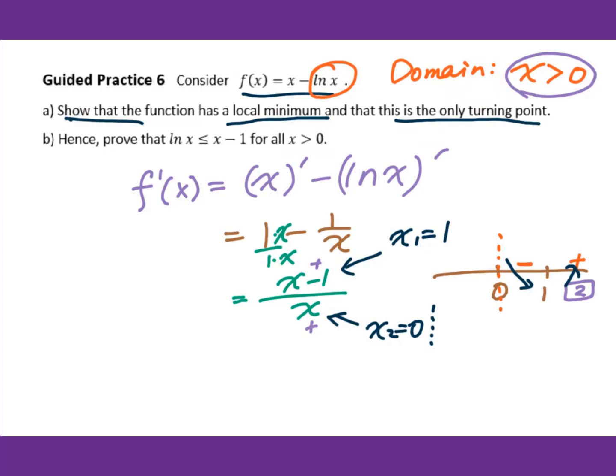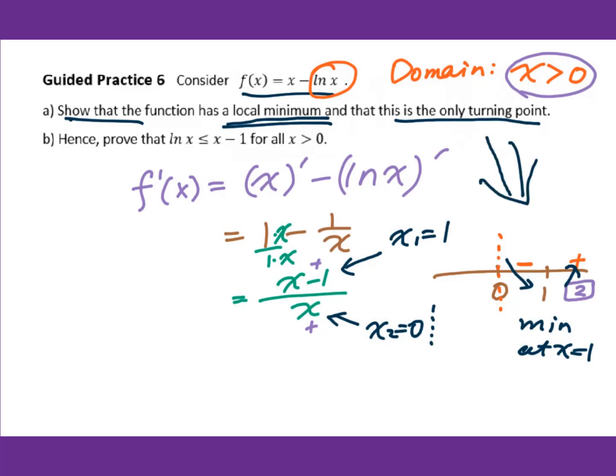Show that the function has a local minimum. We use this sign diagram to show the local minimum at x equals 1. This is the only turning point.